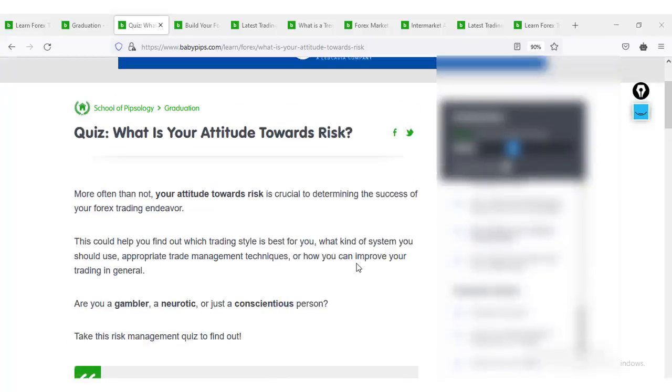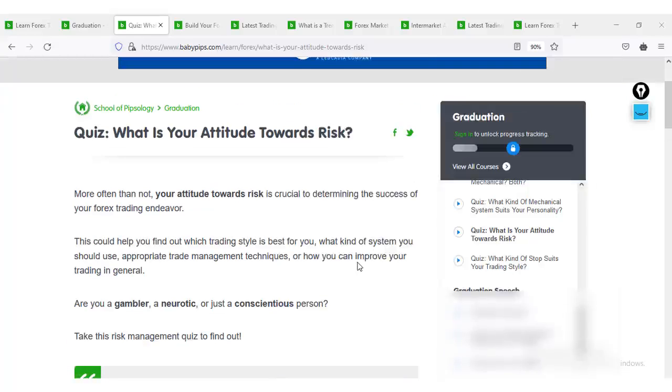Please do your own. I'm doing this so as to know what works best for me, and I'm very, very happy I'm doing this quiz, right? So go through the course. If you haven't gone through this Babypips course from the beginning, go through the course from the beginning. I have over 2 good years of trading experience.